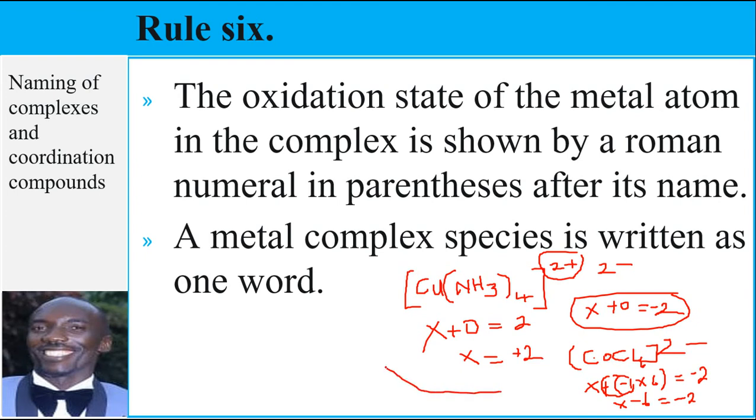If we go this side, x is equal to minus 2. When minus 6 crosses the equal sign, it becomes a positive, so positive 6. So our x is equal to positive 4. So that is how we calculate the oxidation state. Like I said, we have the details in our first lesson.